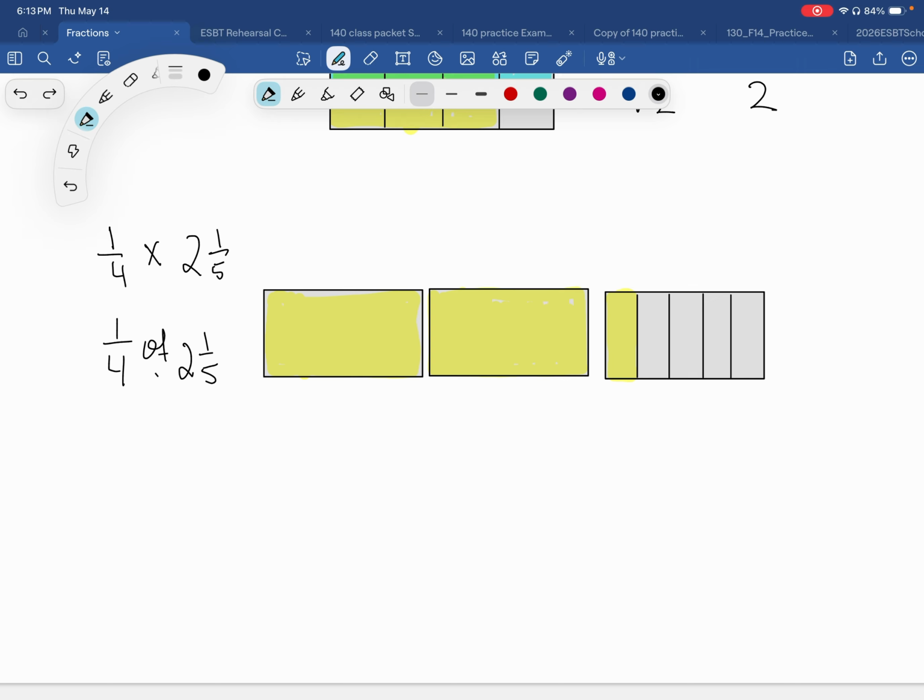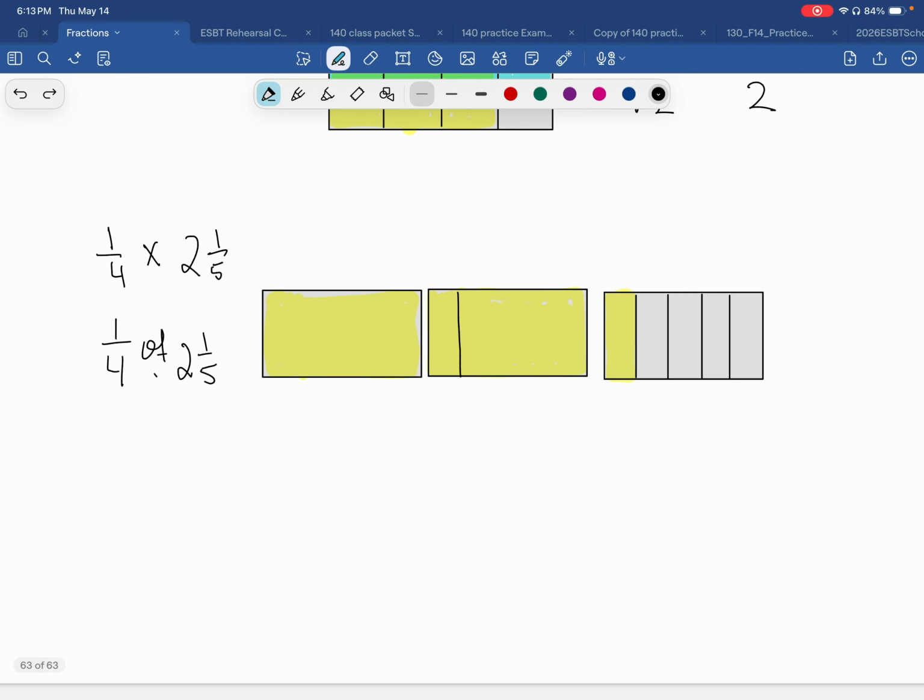You would normally change that 2 and a fifth into an improper fraction. So I'm going to go ahead and cut all of them into fifths. We're going to find out how many fifths I have in 2 and a fifth.